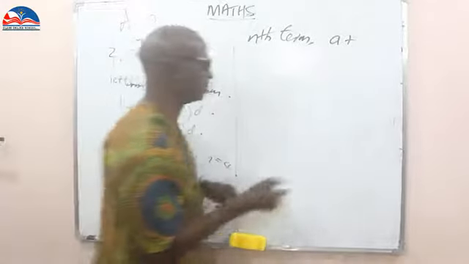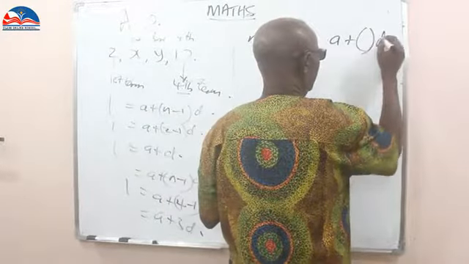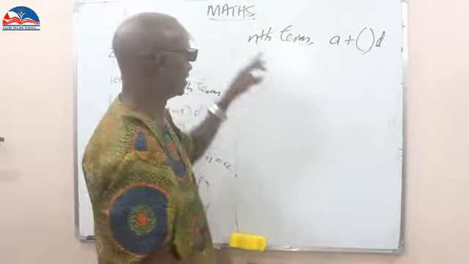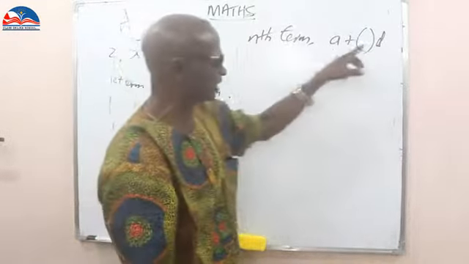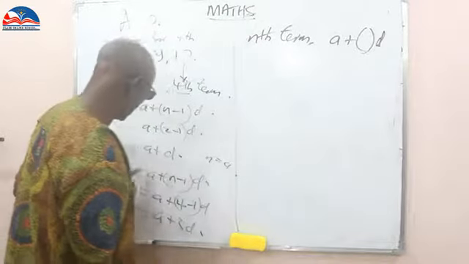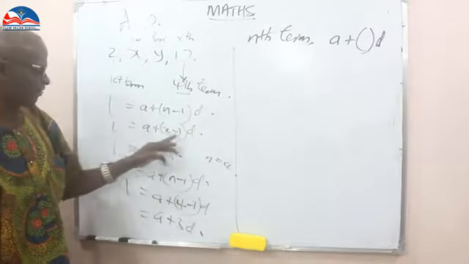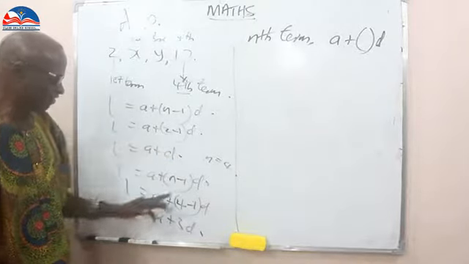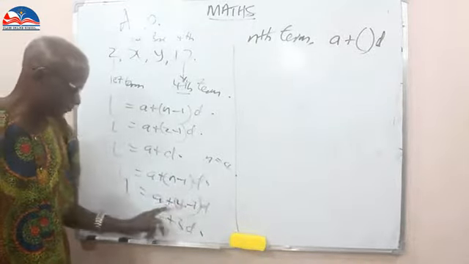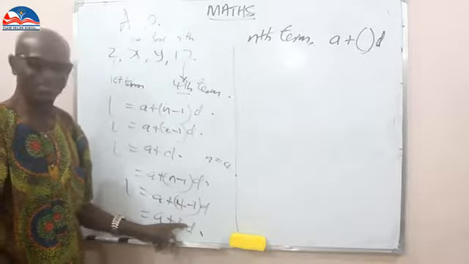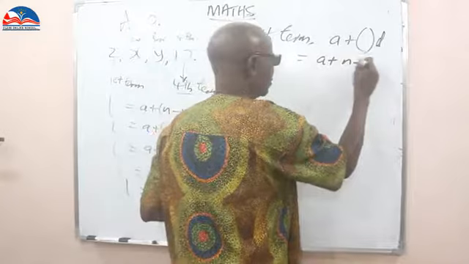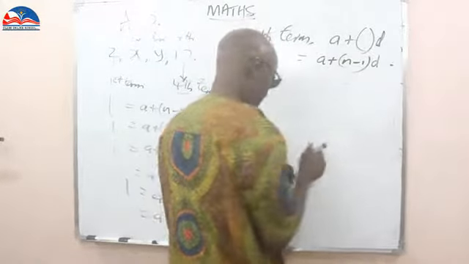What is the coefficient, the number of D's I want? The formula says, whatever term you want, minus 1. For the second term, n is 2, so 2 minus 1 is just 1D. For the fourth term, n is 4, so 4 minus 1 is 3D. That's why we say for any term, A plus n minus 1 times D.